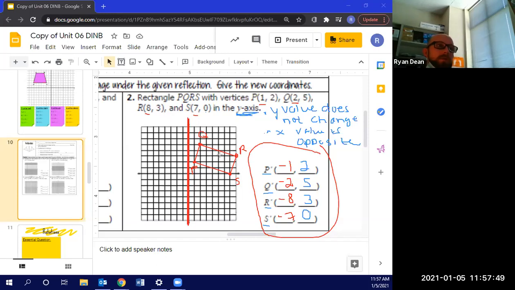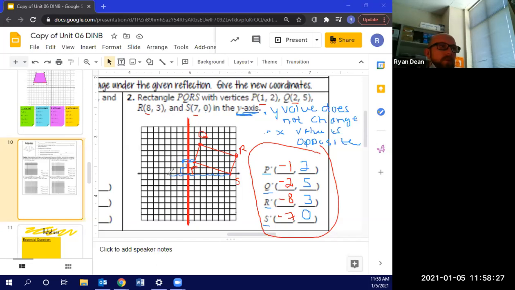Now, if I count to the y-axis for each one of these, P is 1 unit away. So I go 1, and then from 1, I go to 0. This point right here would be my P prime. For S, I'm 7 units away from the y-axis. 1, 2, 3, 4, 5, 6, 7.